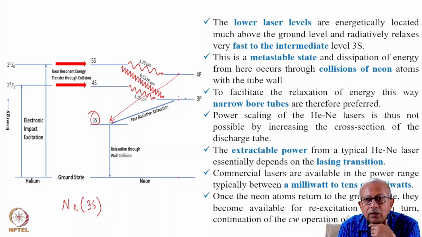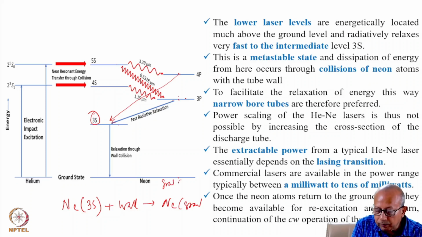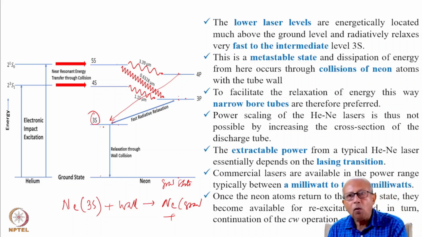And this is a metastable state. So when a neon atom in this state collides with the wall of the tube, it comes down to the ground state. This is the ground state. And this excitation energy is given to the wall.